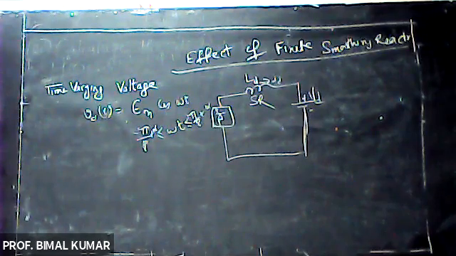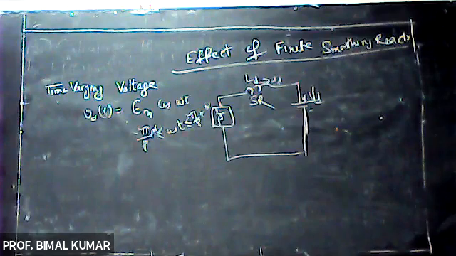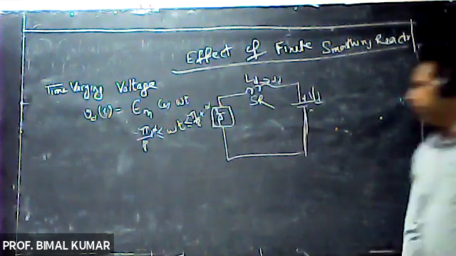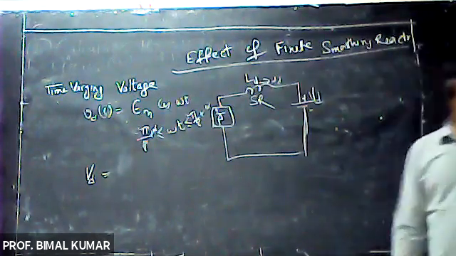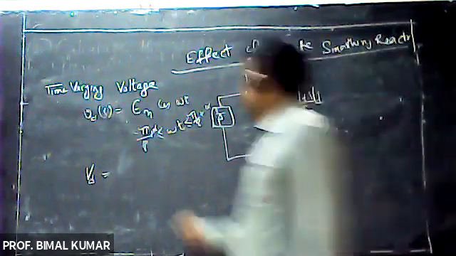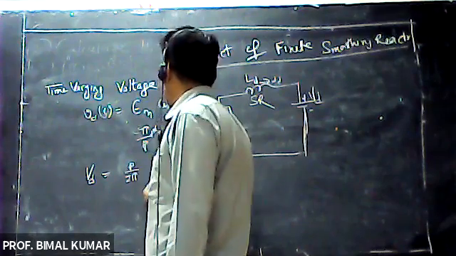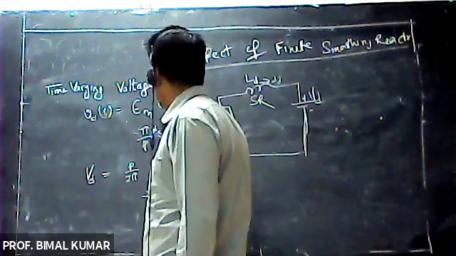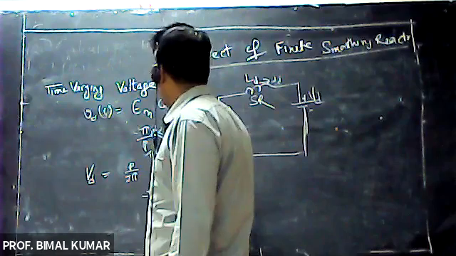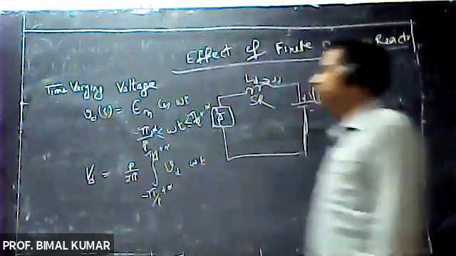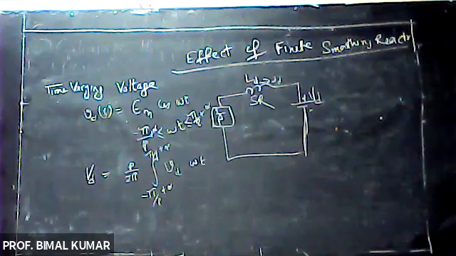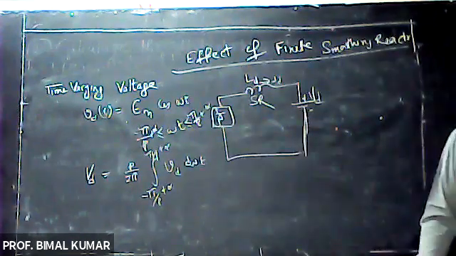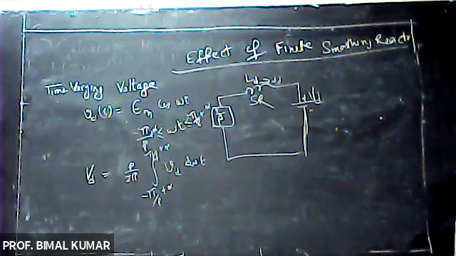Because the losses in the circuit are neglected, we have the constraint that VD is equal to P by 2 pi times the integration from minus pi by P plus alpha to pi by P plus alpha of VD d omega t, because here VD varies with respect to omega t.